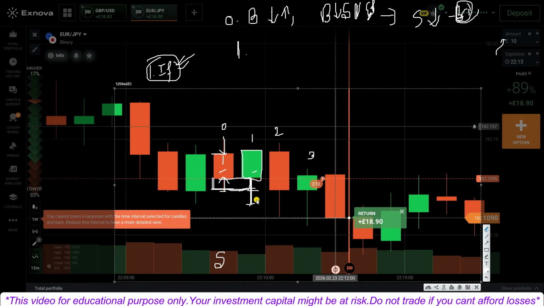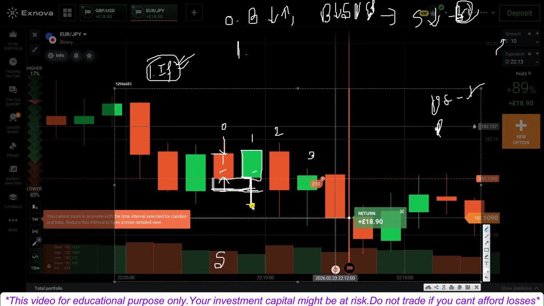So how do we analyze this candlestick and create the candlestick psychology? The candlestick psychology in this particular candle will be like this. The seller's entry breaks the previous buyer's area, which means sellers are coming back again. This is the first point.